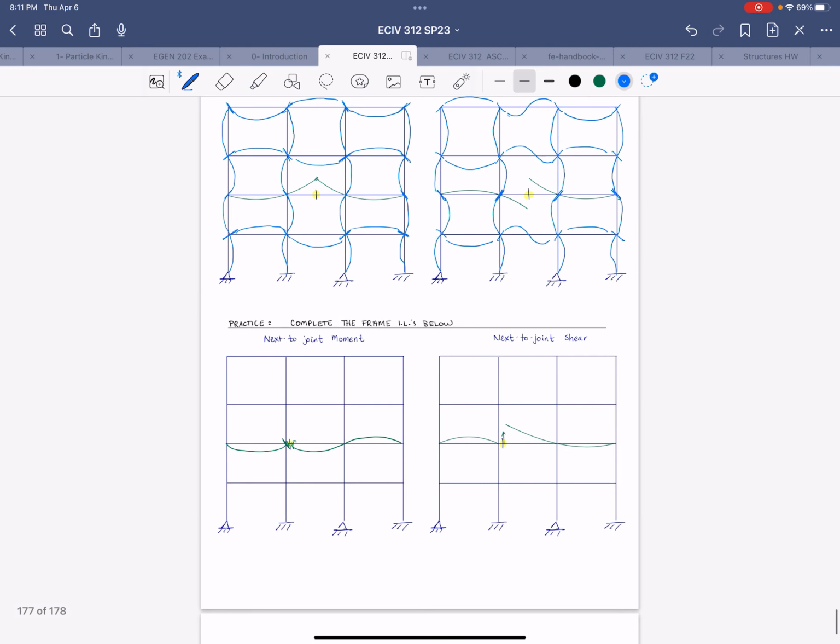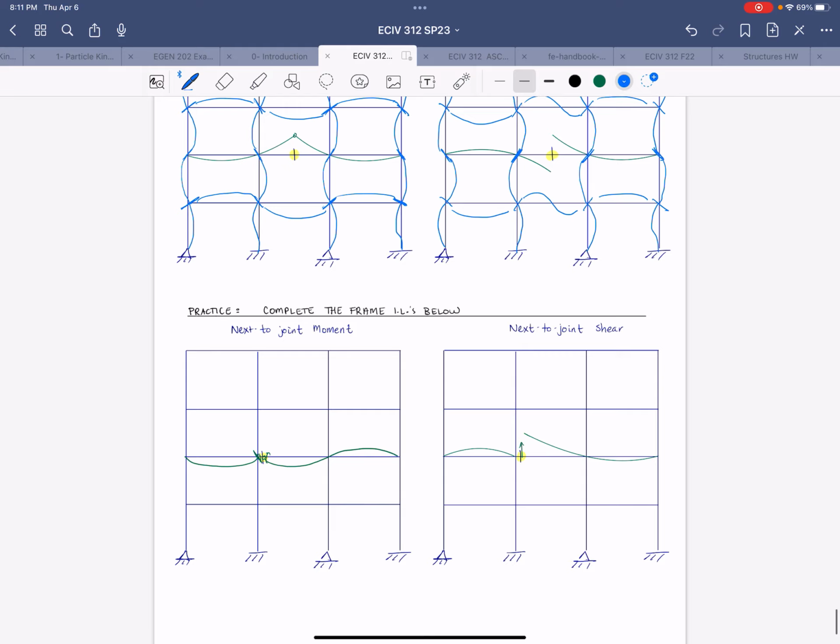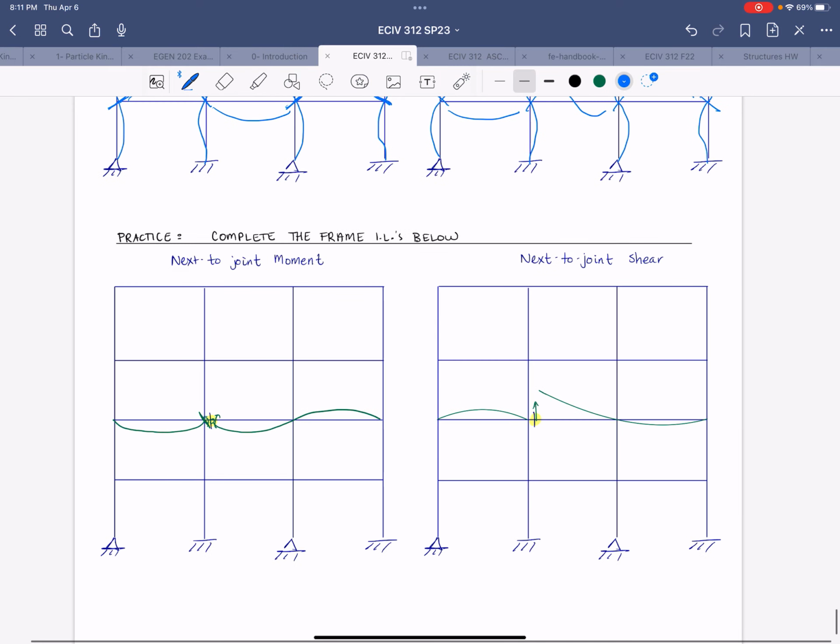So your final challenge is to complete the frame influence lines below here. So these are next to joint moment and next to joint shear. See if you can figure out the rest of the frame, and I'll just talk through these points a little bit, right? So next to joint moment, we would add a hinge right next to the joint, force it through a unit rotation.